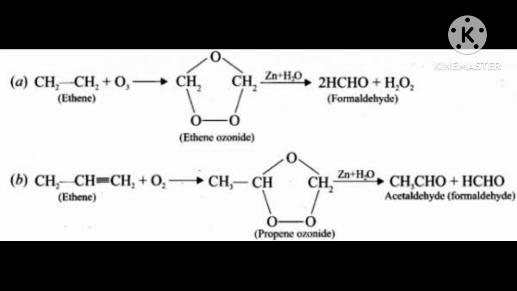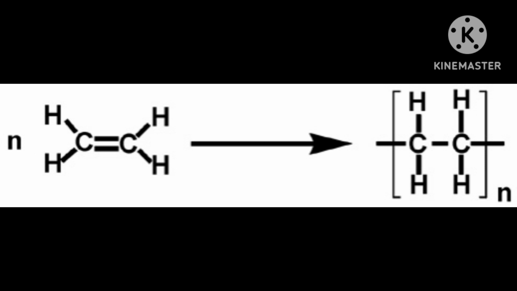The example is ethylene. Other alkenes also undergo polymerization, not only ethylene. If it is acetylene, then polyacetylene will form. That polyacetylene is very, very useful. Polyacetylene is a conducting polymer.